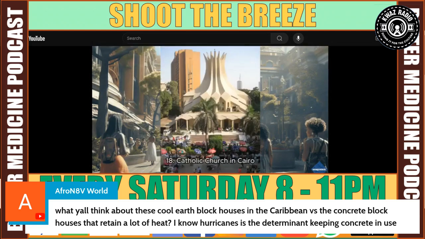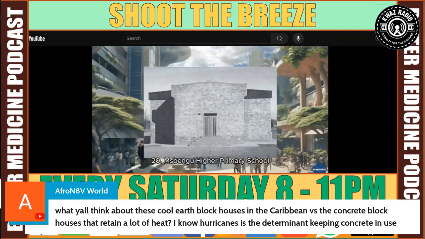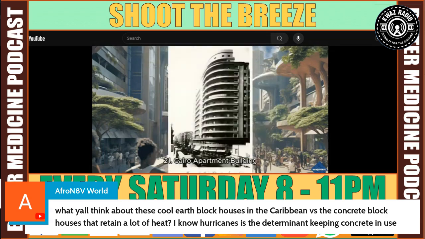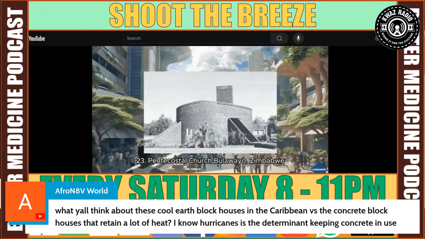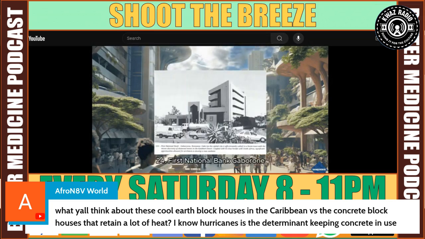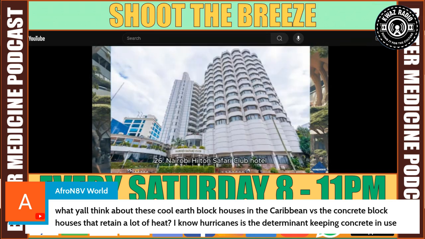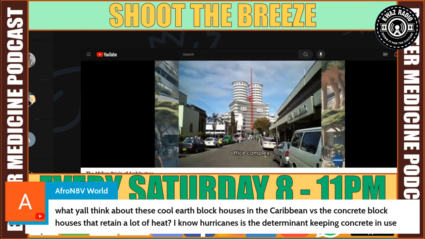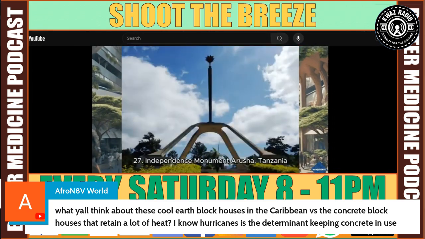Now, Afro brought up the point of hurricanes being the reason concrete is in use. But on a real level, with all this money we have to spend to build concrete homes, what if we were making adobe bricks and finding ways to make those bricks stand against natural disasters like hurricanes and stuff like that?